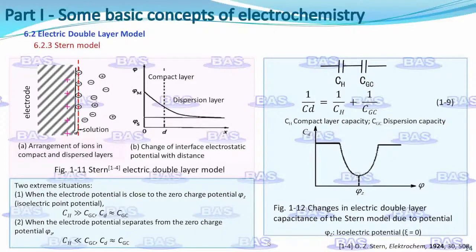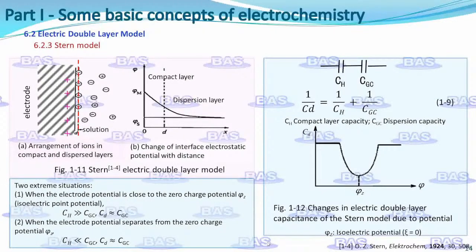Expressed in a mathematical formula, it is equivalent to two capacitors in series, where C_H represents the compact layer capacity and C_GC represents the diffuse layer capacity. The smaller of these two capacitances determines the observed properties of the electric double layer. The following two extreme situations satisfy the assumption of the model.